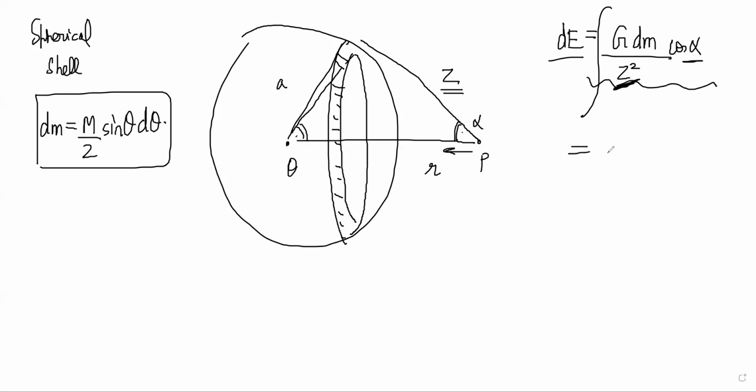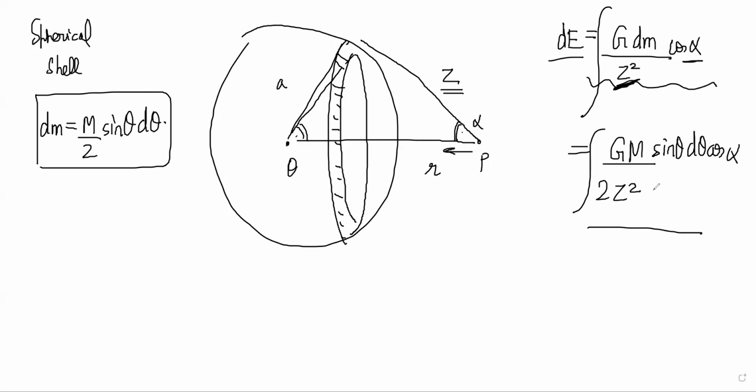So you'll get GM by 2z square sine theta d theta cos alpha. So technically now I have three variables. Theta also changes, alpha also changes, z also changes. So I have to do something to remove all of these different variables and make it only one variable, right?